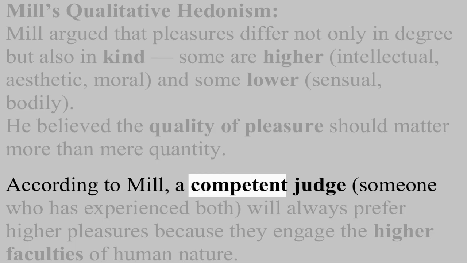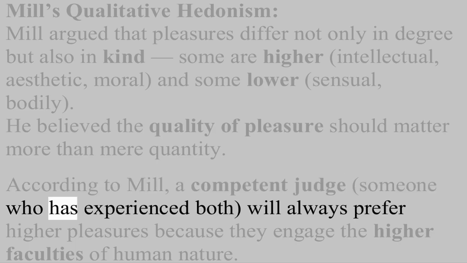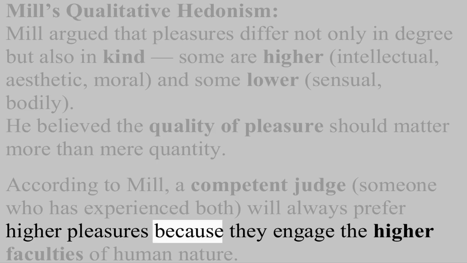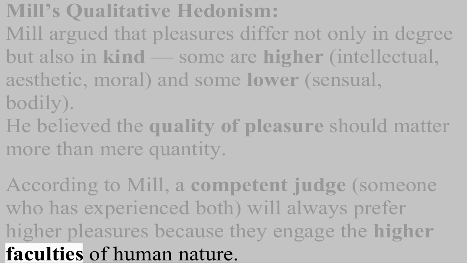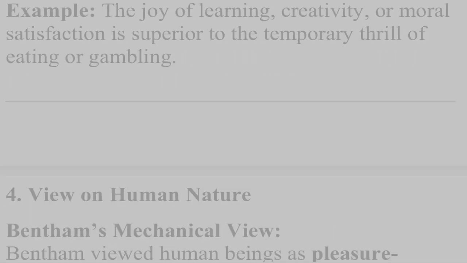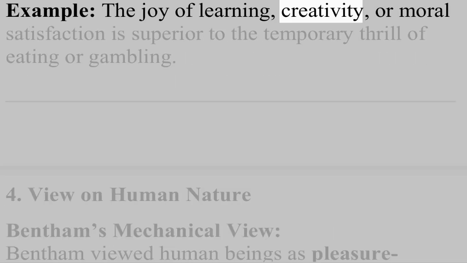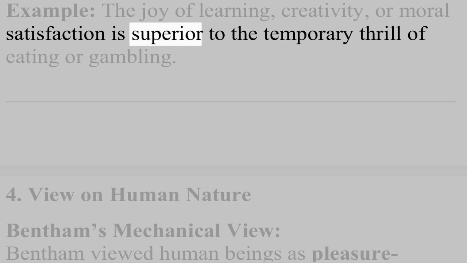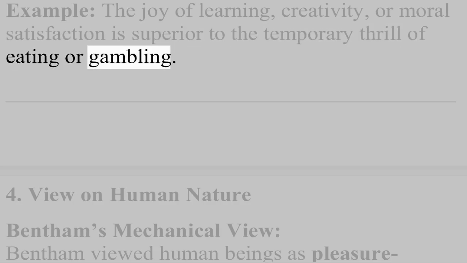According to Mill, a competent judge, someone who has experienced both, will always prefer higher pleasures because they engage the higher faculties of human nature. Example, the joy of learning, creativity, or moral satisfaction is superior to the temporary thrill of eating or gambling.